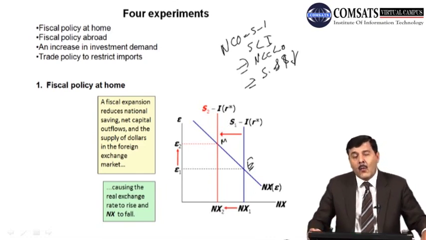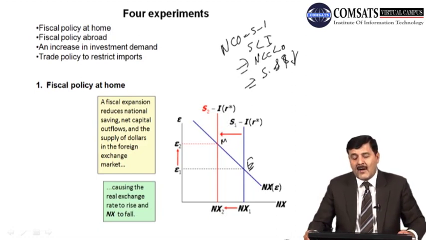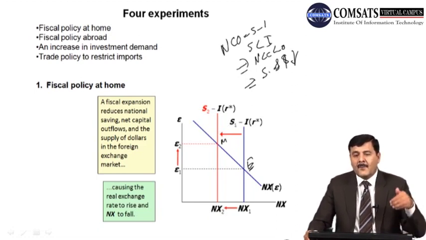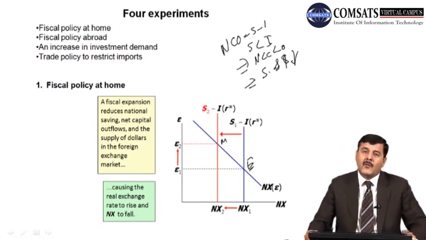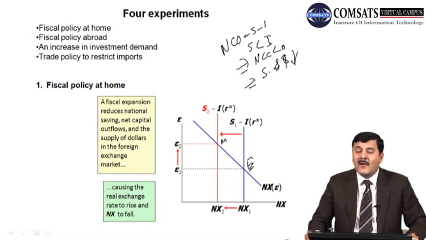So what is the effect of the reduction in supply of dollars? The real exchange rate बढ़ गया. जब real exchange rate बढ़ा, the price बढ़ी, then what will happen to the net exports? Net exports कम हो गई. When net exports are less, it means your exports are now expensive as compared to imports, right? Exports are expensive so there will be less demand for exports, so you have to import to meet the demand requirements.